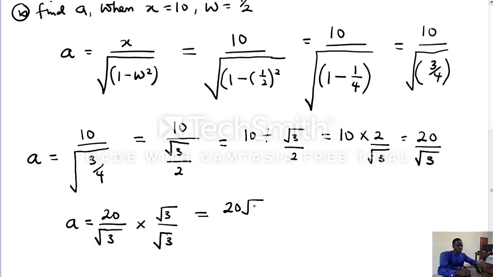20 root 3 divided by root 9, of which root 9 is 3. So this is going to be 20 root 3 divided by 3. I'm going to look for the value of root 3, multiply it by 20 and divide by 3.